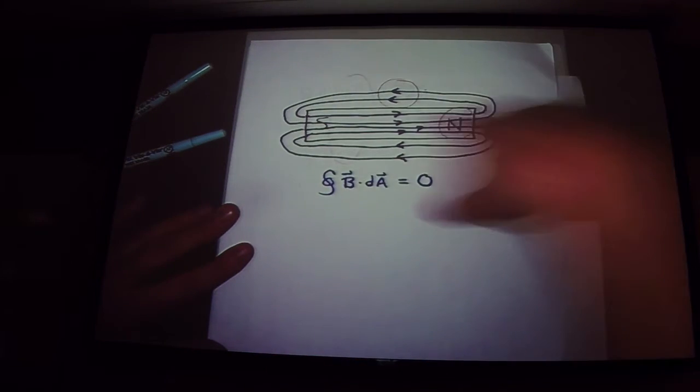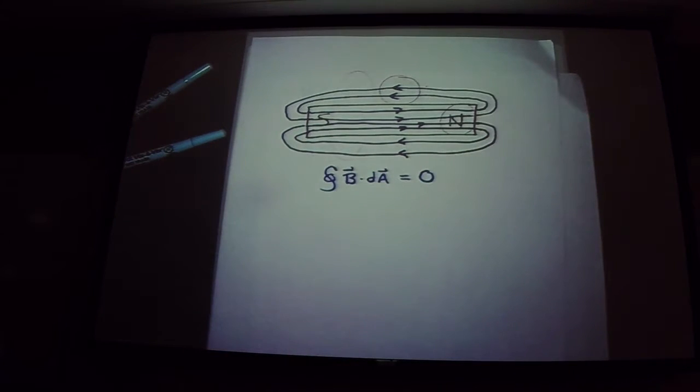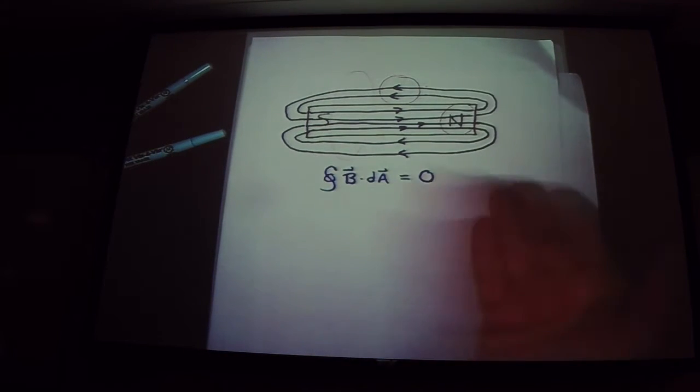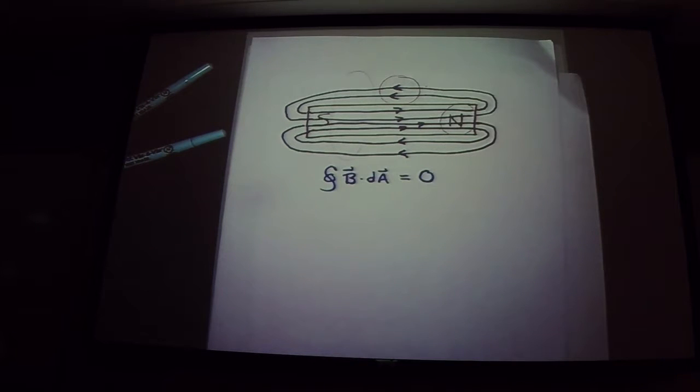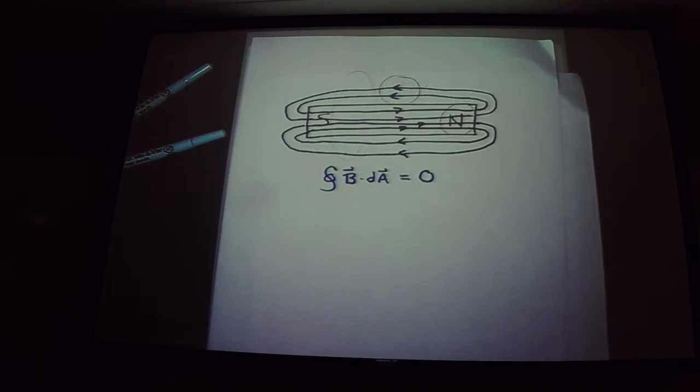So I could start anywhere on here and go around. There was a starting point that I chose to draw because that's just what I chose to draw. But I could really start it in here and do the same thing. So there's no real point to start. Okay, all right, so that takes care of that.